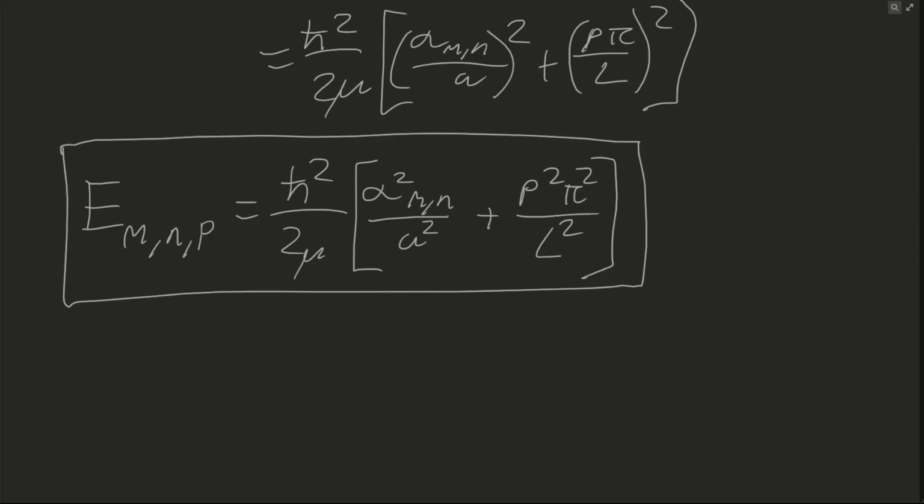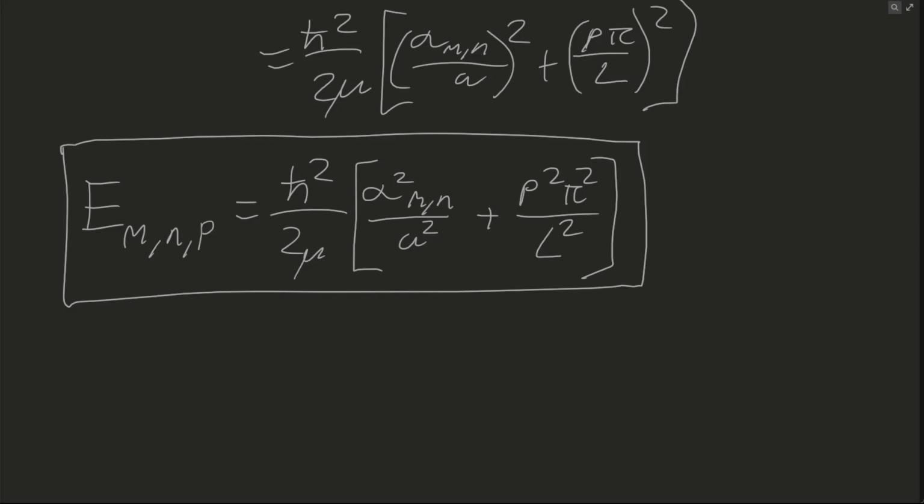It features alpha_mn, which is the nth zero of the Bessel function, and it represents like the nodes of the wave function. And then we've got a cool thing, which is actually the Heisenberg uncertainty principle manifesting in our equation here, where a is the radius of the cylinder. So as the radius decreases, the energy increases, which is essentially the Heisenberg uncertainty principle.